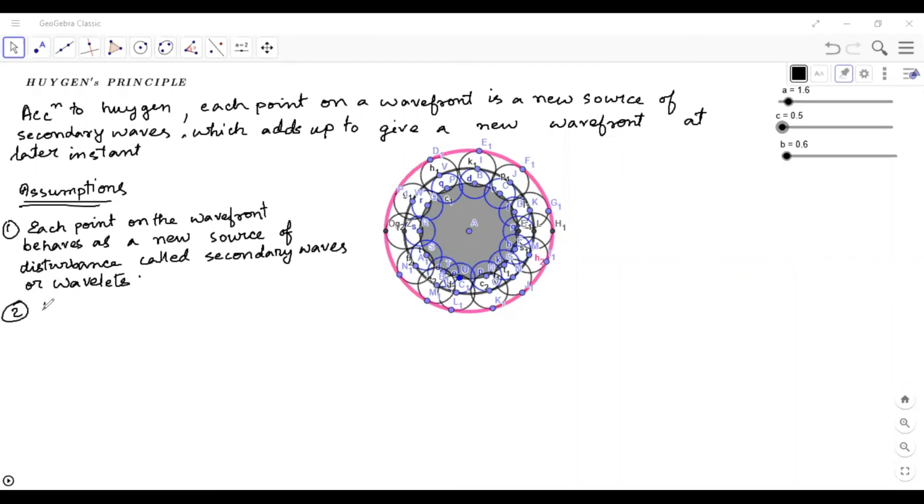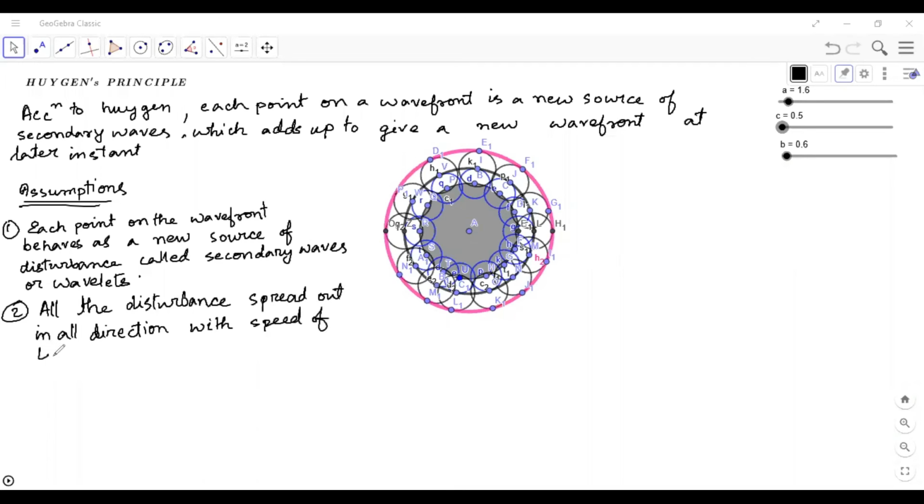Secondly, all the disturbances propagate, or you can say spread out, in all directions with the speed of light of the medium.